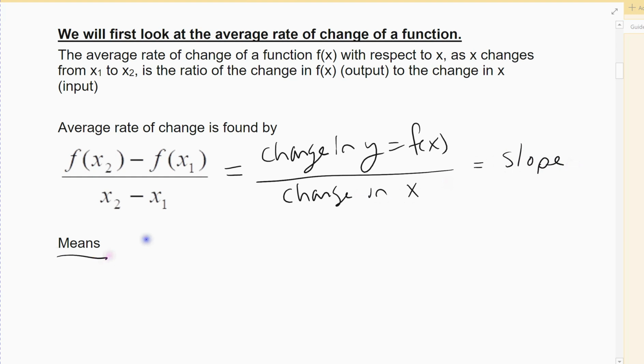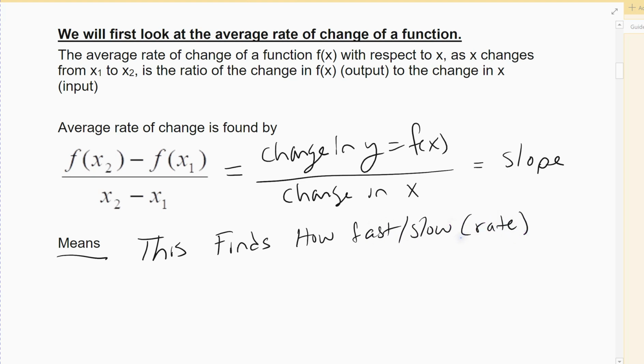All right, so what it means is this finds how fast or slow, right? It could be slow. That's what rate means, how fast or slow your speed.